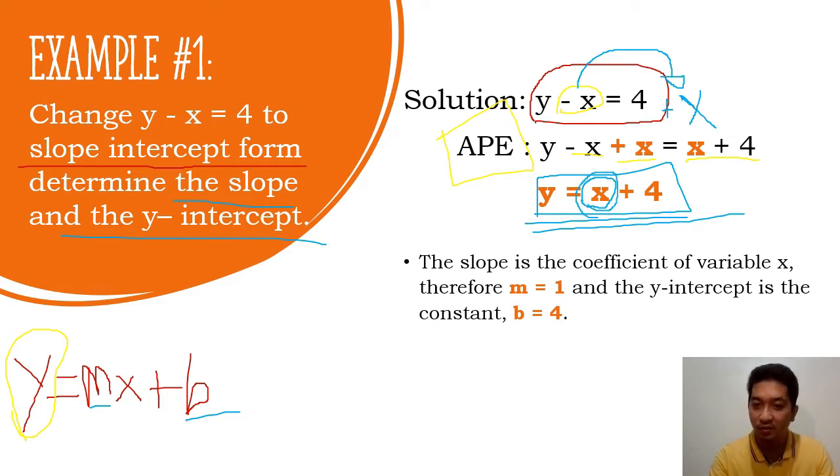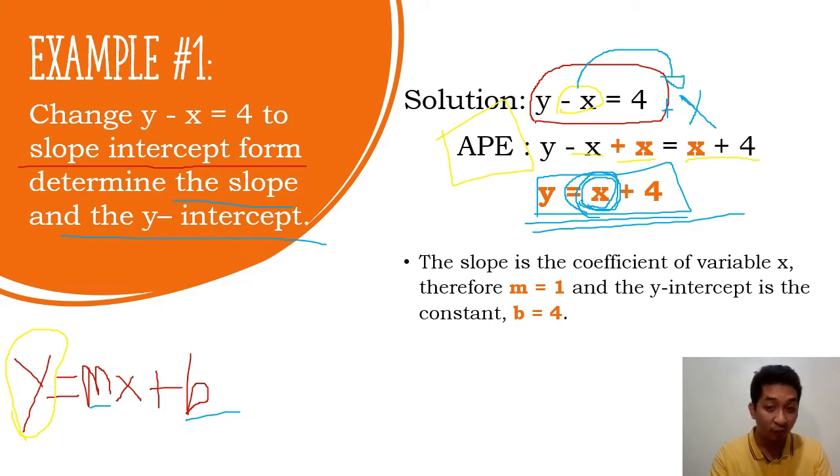Now, looking at the x, what's the numerical coefficient of x? So, as you remember on your lesson when you were in grade 7, kapag ang variable ay walang kasamang numerical coefficient, automatically, the numerical coefficient is 1. So, with this 1, since walang kasama po ang x, meaning the numerical coefficient of x is 1, and looking again at the formula, mx plus b, the m is equal to 1.